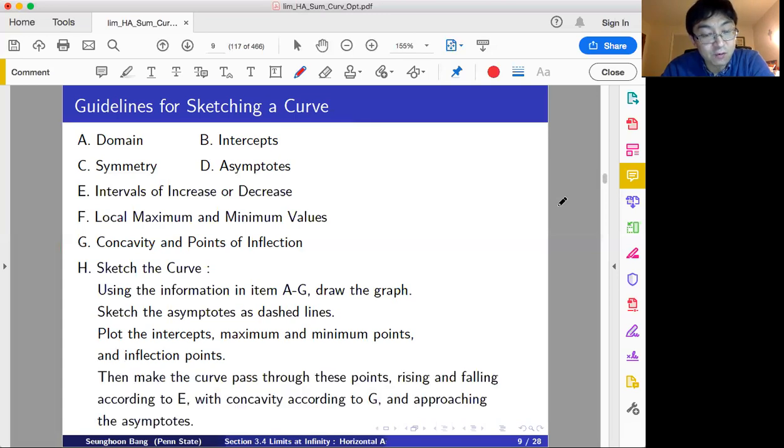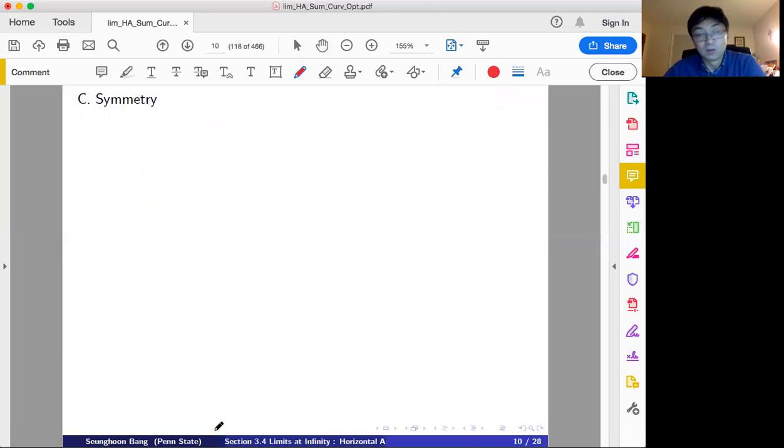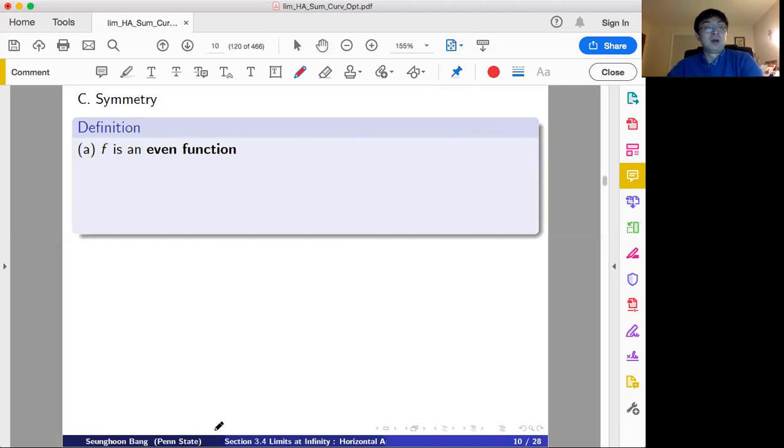Then make the curve pass through these points, rising and falling according to E. E is the increasing or decreasing. And you can check concavity according to G, approaching the asymptotes. This is the whole idea for sketching the graph. So we think about symmetry.